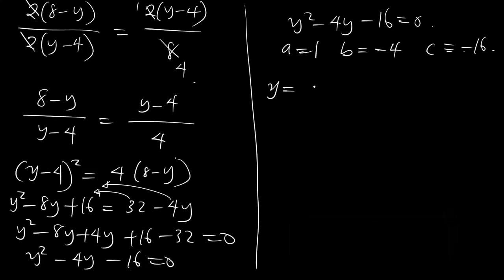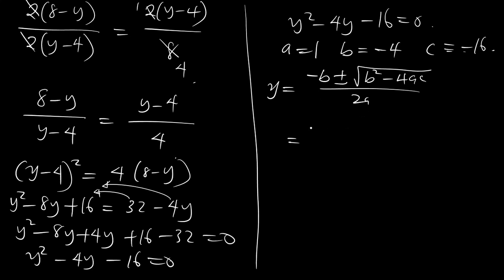So applying the quadratic formula, y will now be equal to minus b plus or minus the square root of b squared minus 4ac divided by 2a.